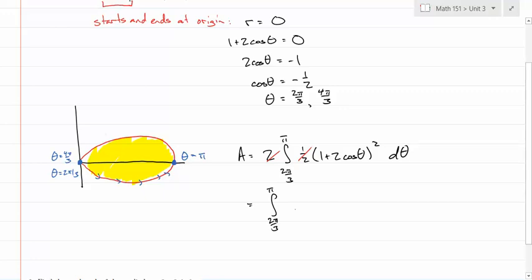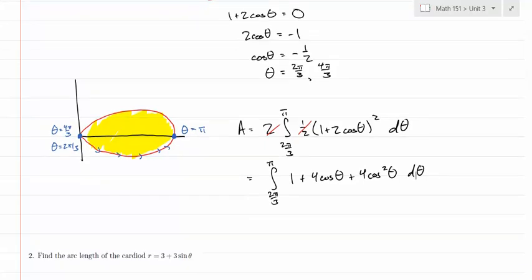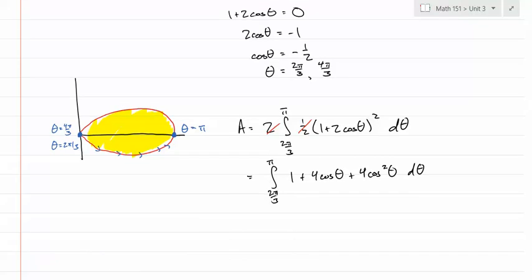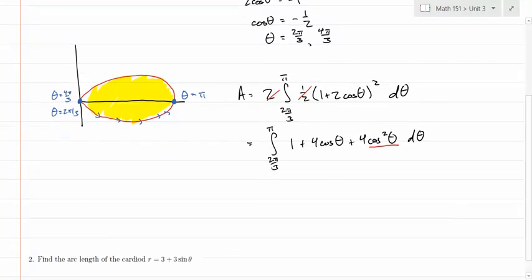You do have to FOIL this out, so it'd be 1 plus 4 cosine theta plus 4 cosine squared theta d theta. You are going to want to use the half angle formula to rewrite that in order to integrate it.